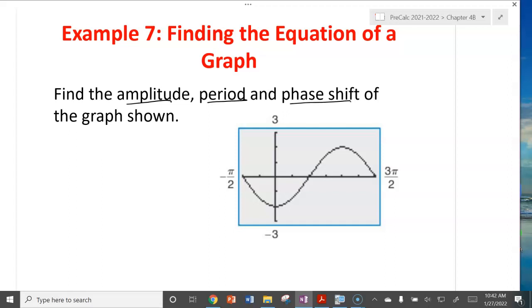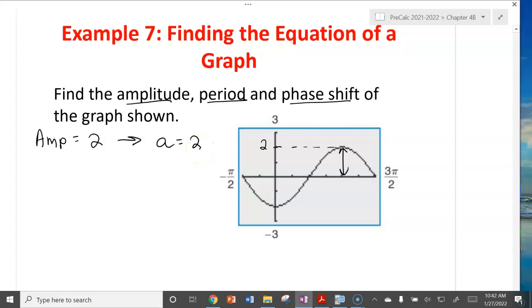And notice how we're centered right on the axis, so we don't have a vertical shift. So amplitude is this distance here. So that's 2. So amplitude equals 2. So from there, A equals 2.